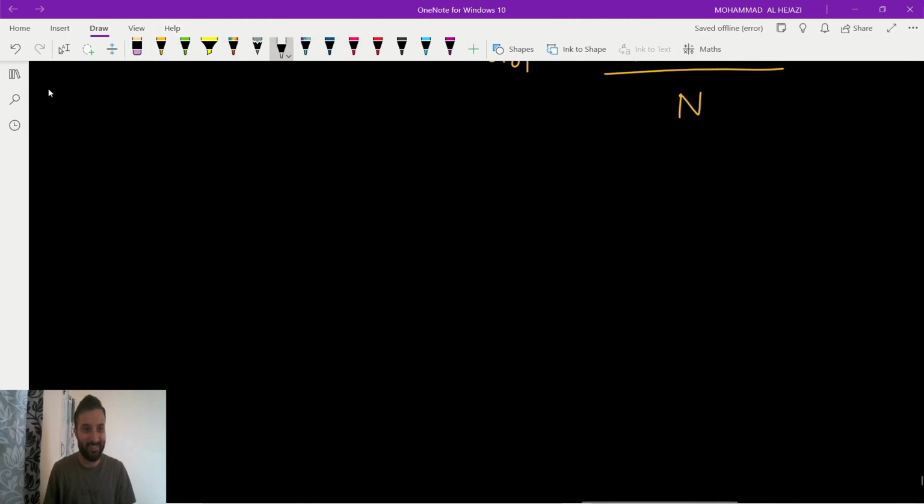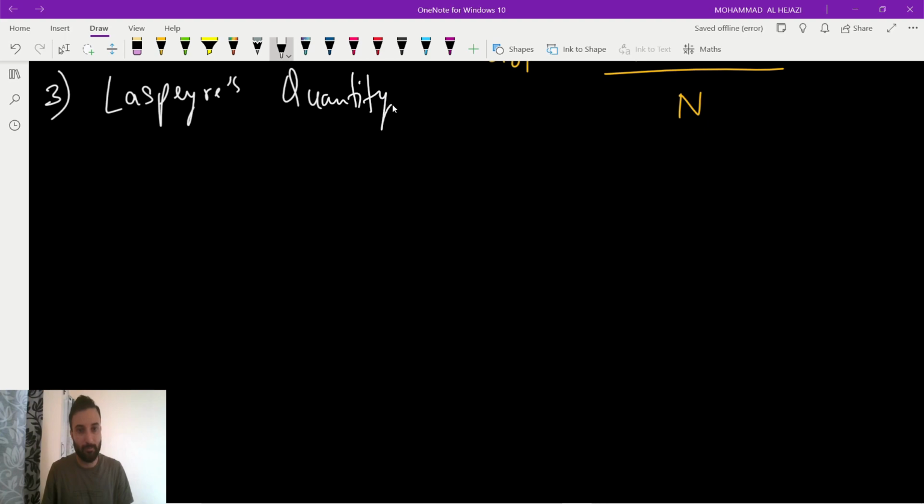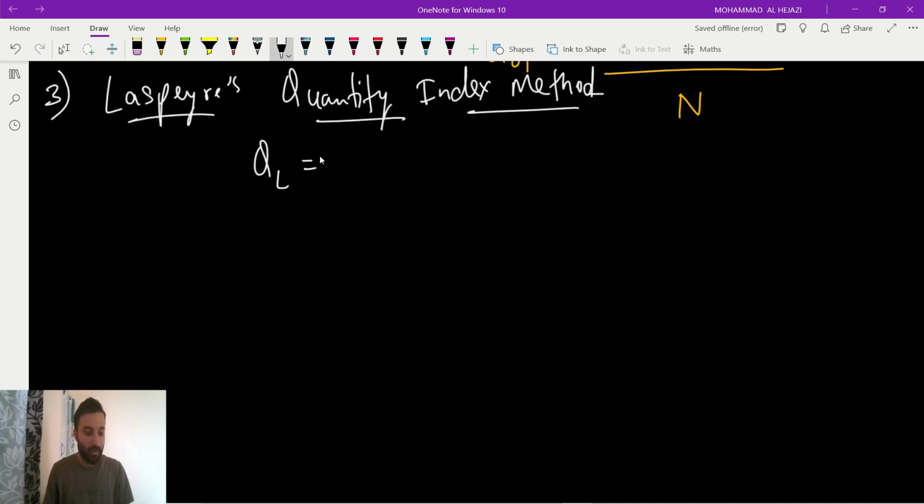Now the third one is what? Last pair is quantity index method, means QL. Quantity index is Q, Laspeyres is L, QL.